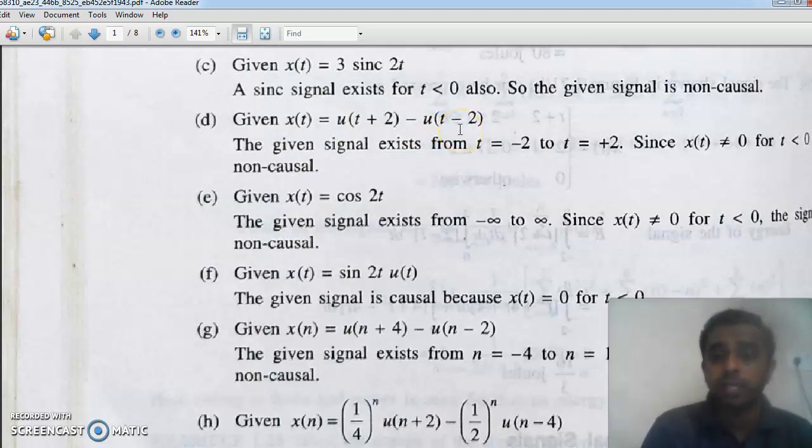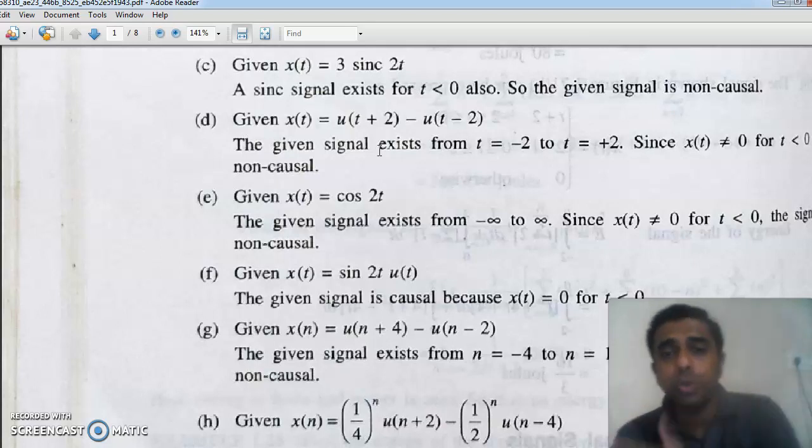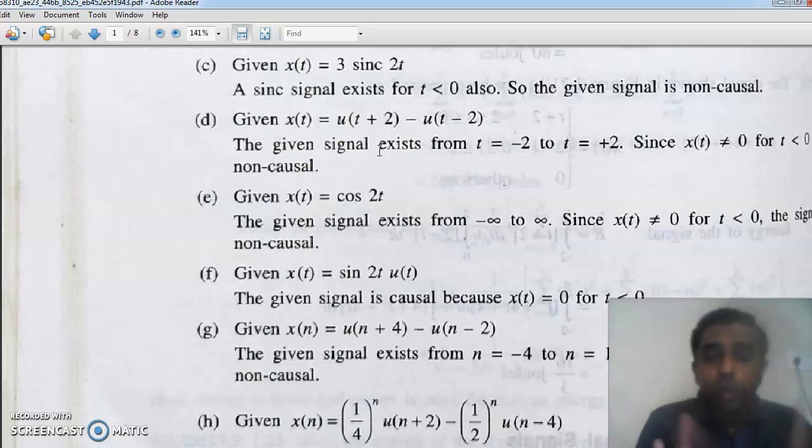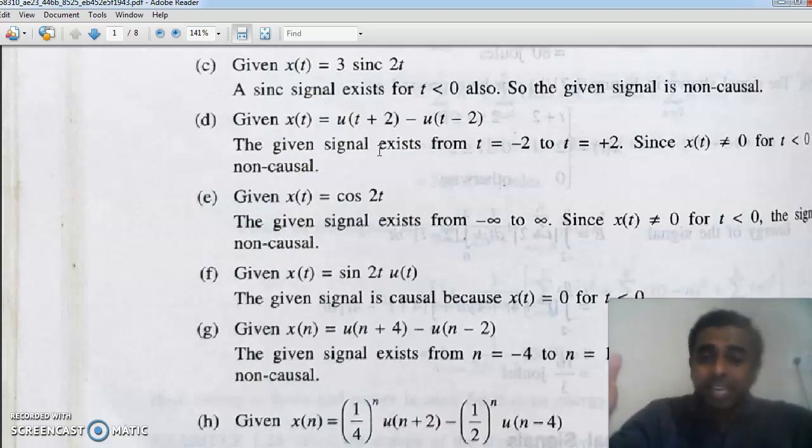So what happens when you do this subtraction? You will have a signal of height or magnitude 1 from t is equal to minus 2 to t is equal to plus 2. So you have values from minus 2 to 0 and from 0 to plus 2. So the signal is a double-sided signal, that is, it is having values both at negative and positive times. So that's a strictly non-causal signal.